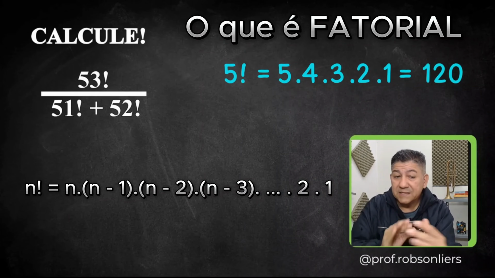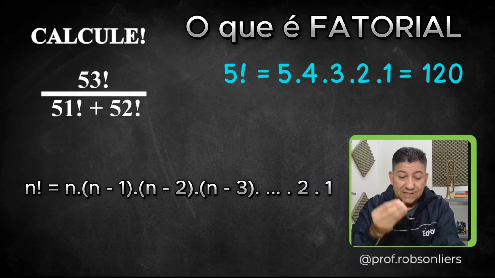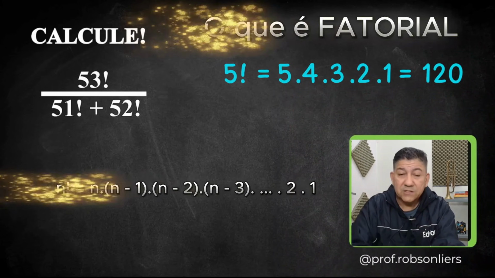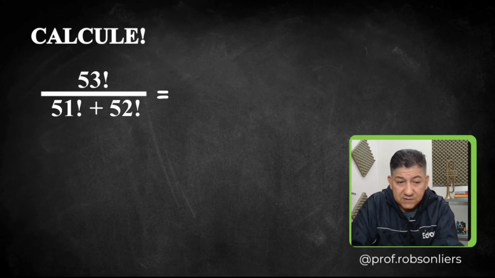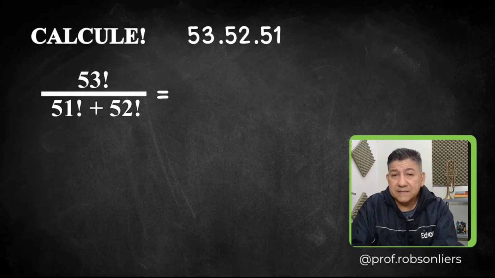Now pay attention to this question here. 53 factorial divided by 51 factorial plus 52 factorial. If we're going to solve this, here's what we'll do. Look. 53 factorial, 53 times 52 times 51 times 50 times 49, and so on until you get to 1.